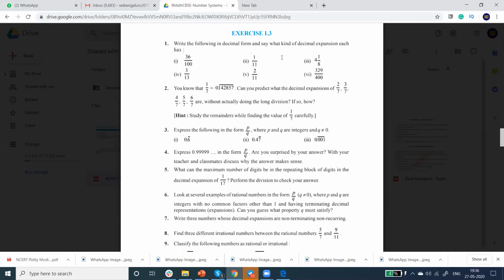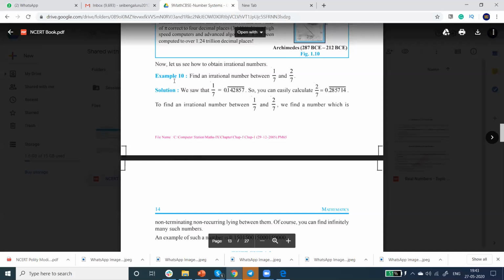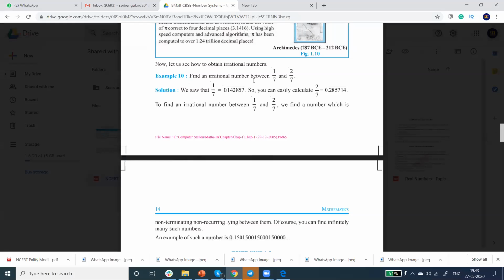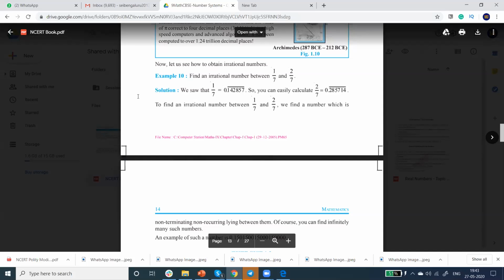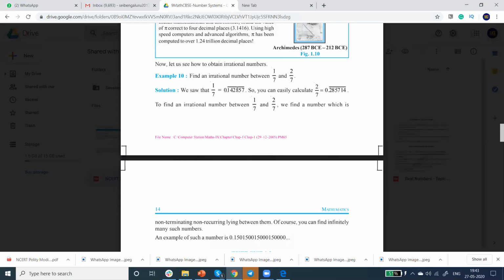The third example, of course, you can do this also. In example 10, find an irrational number between 1 by 7 and 2 by 7. Now, this 1 by 7, you can simplify. You will get 0.142857, again 142857, continuously it will come. It won't end.